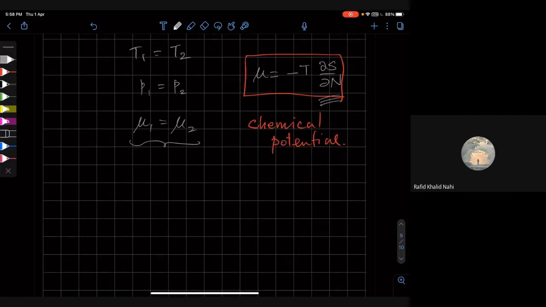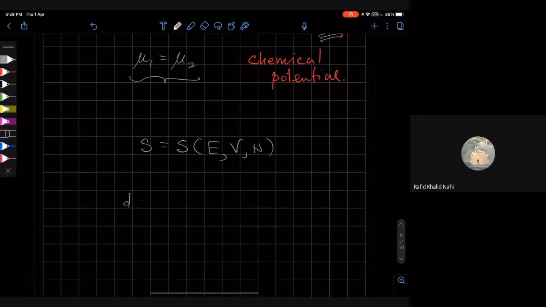So, essentially now S is a function not just of E and V, but also of N. So if I now compute dS, there'll just be one extra term. And what we can do is that we can rearrange it and write this as dE is T dS minus P dV plus mu dN, right?